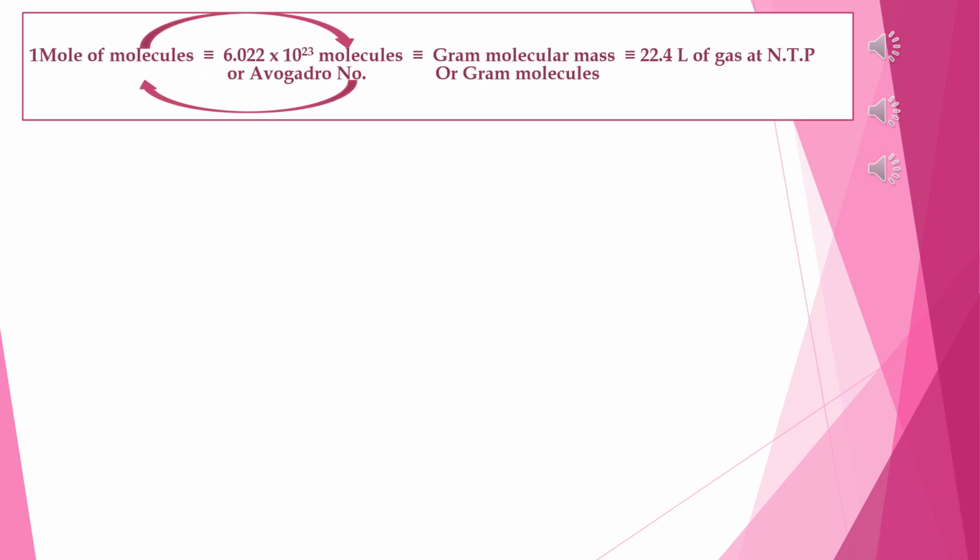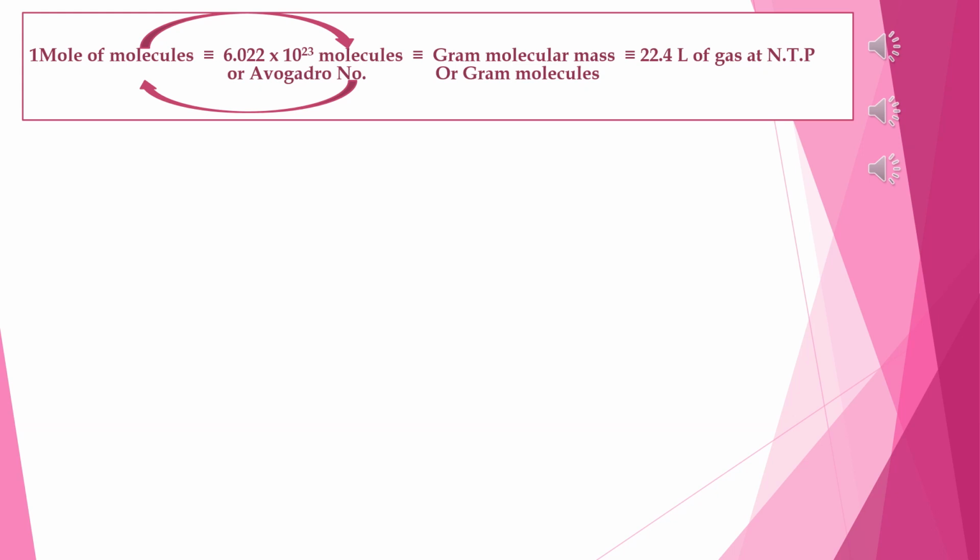So let's try to understand the terms related to molecules. In the first case, there is a relationship between the number of moles of molecules and the Avogadro number of molecules, and vice versa.